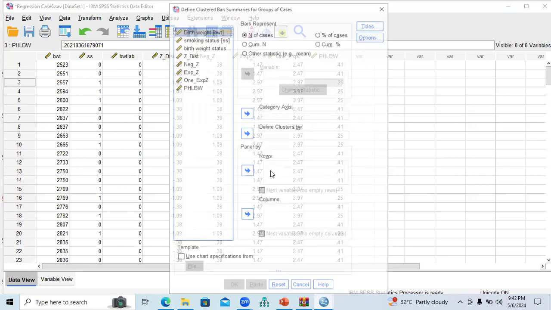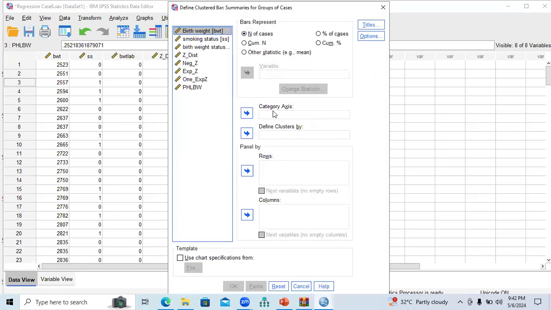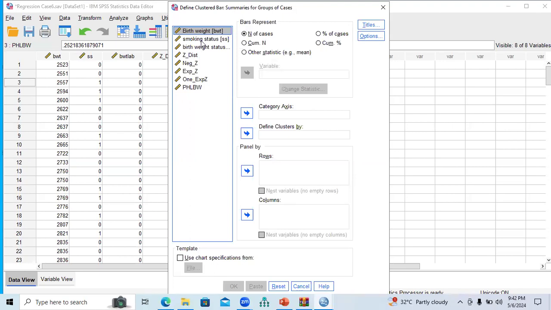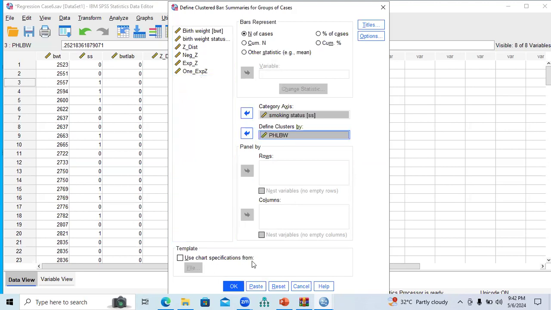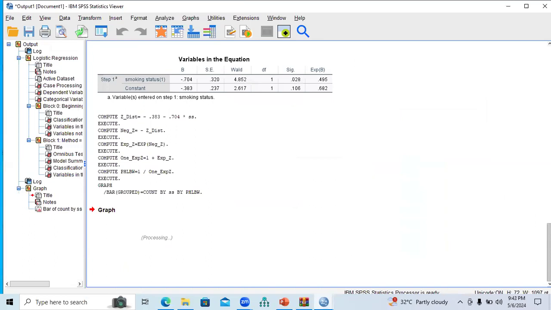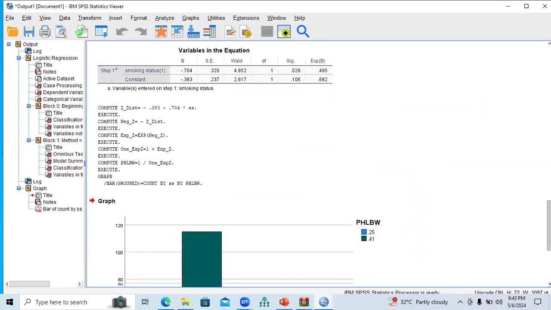define. You need to put here in the x-axis what we need to put: smoking status. Smoking status as the category axis and cluster by probability of having low birth weight and click on OK. So it will generate the chart like this.